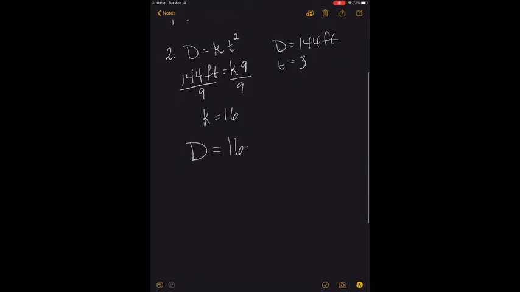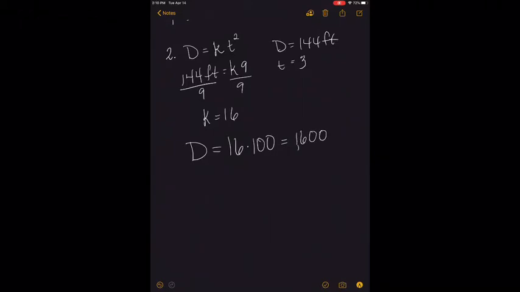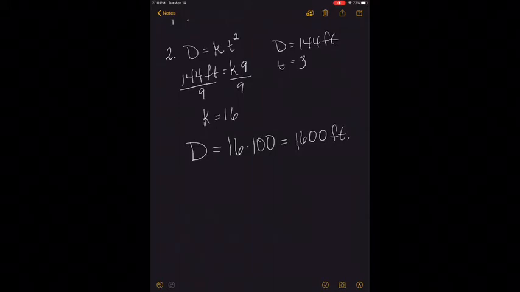D equals 16 times 100, because 10 squared is 100. So 1,600 feet is how far it will fall. I believe that you guys can finish numbers 1, 3, and 4.